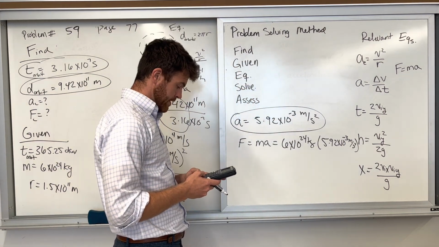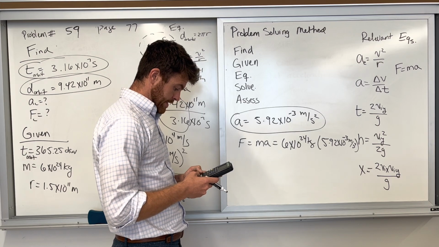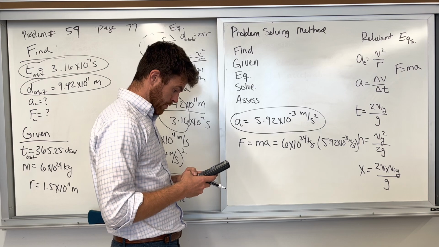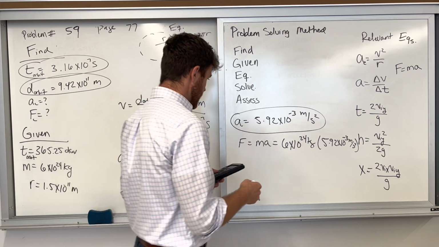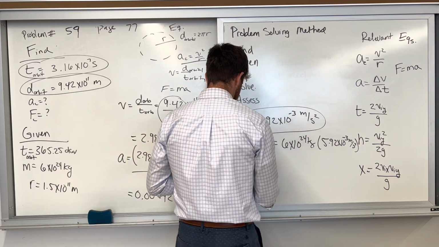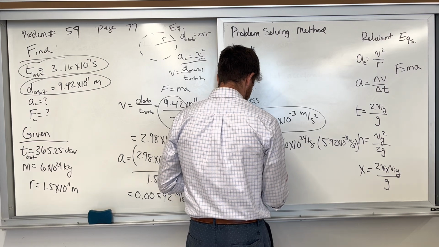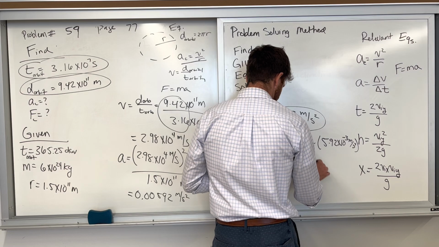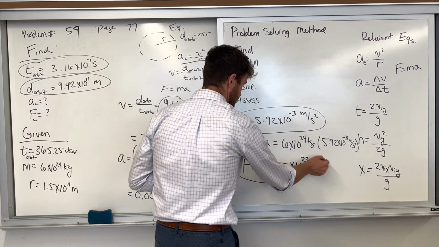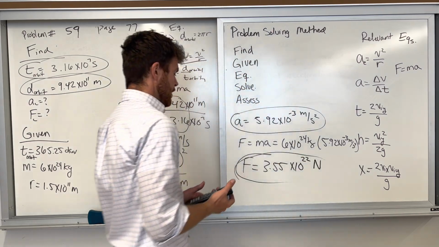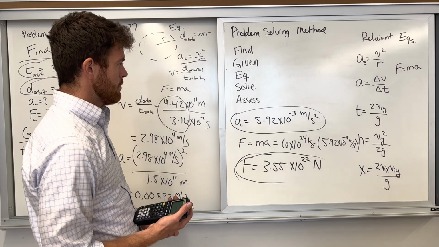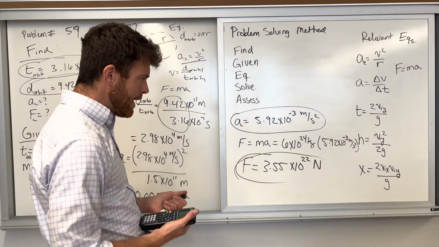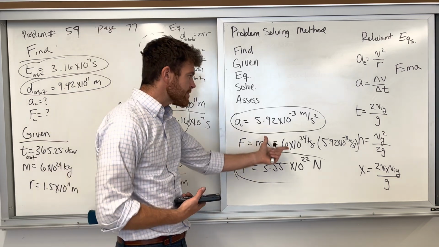I'm multiplying, and I get force equals 3.55 times 10 to the 22 newtons. It's a large force. A large force generates a small acceleration. Why? Well, the Earth is very massive, right?